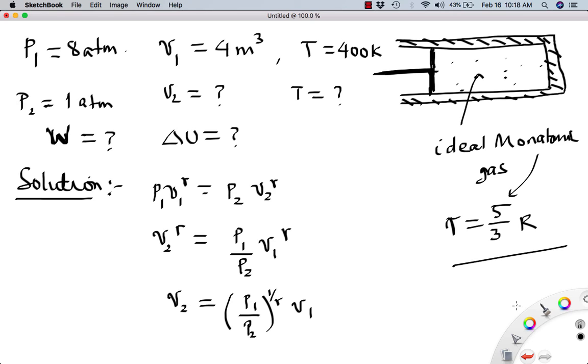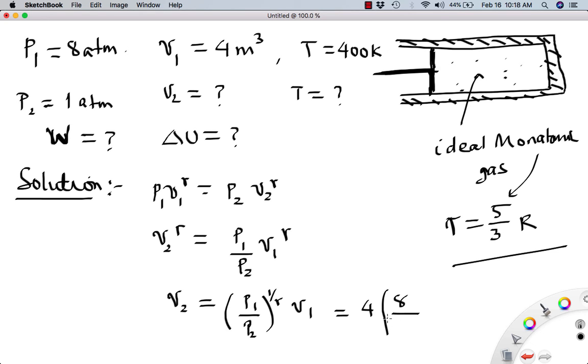So V1 is 4 cubic meter. Pressure 1 is 8 atmospheres. Because we have the ratio of the pressure, I don't need to convert atmosphere to Pascal. In other cases, we need to convert atmosphere to Pascal, but here, since it's the ratio, the conversion factor will cancel.